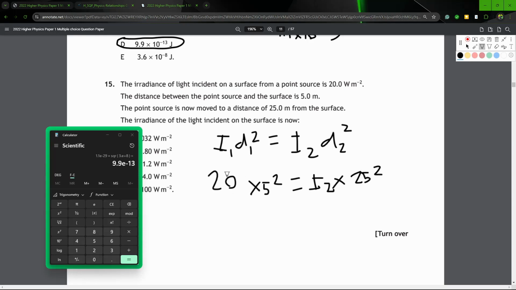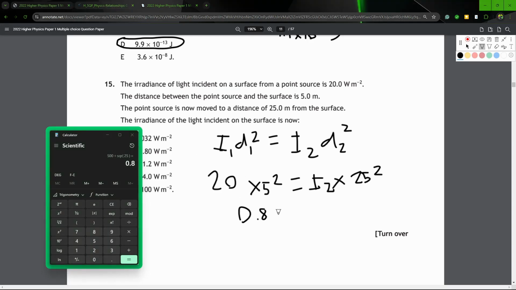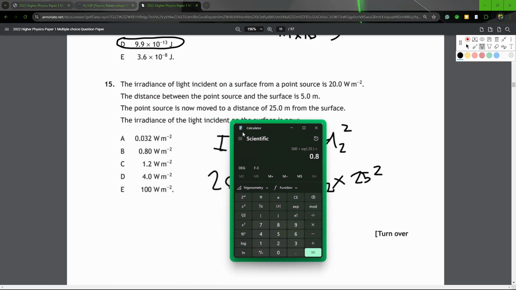And all we're going to do here is do this and then divide it by 25 squared. So we get 500, and then divide by 25 squared. Get 0.8 equals I2. So that would be B.